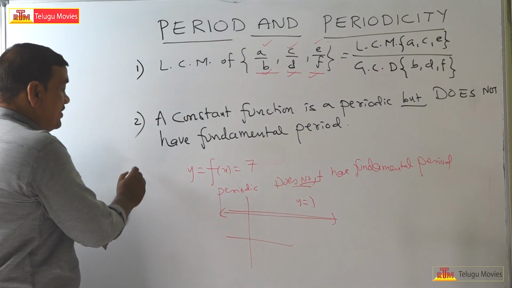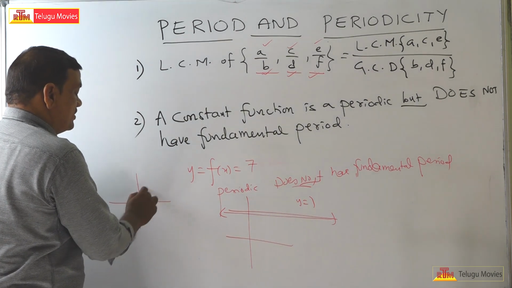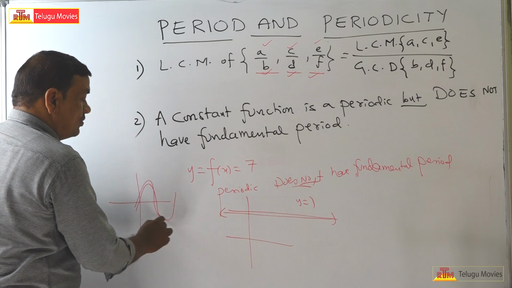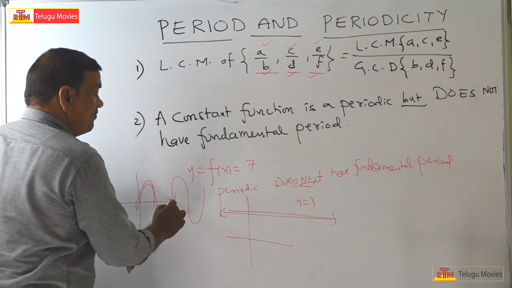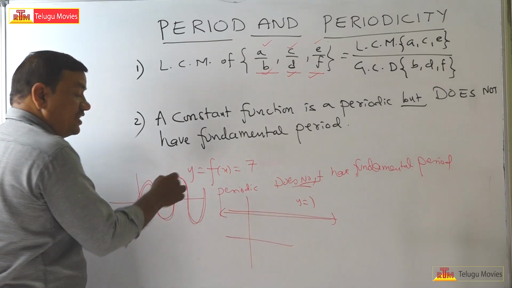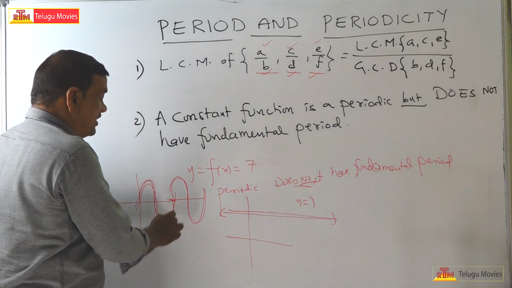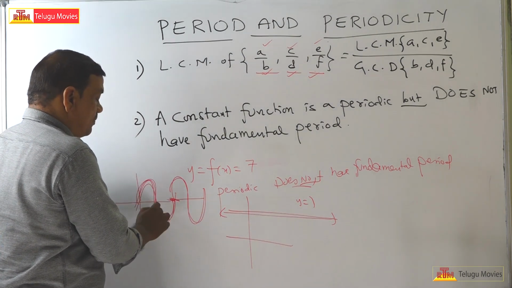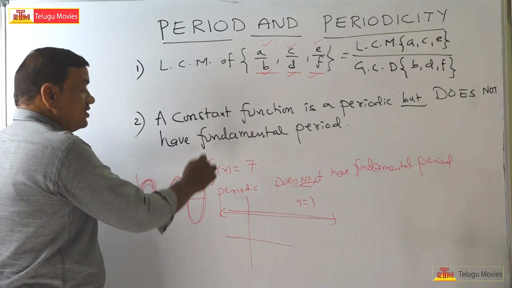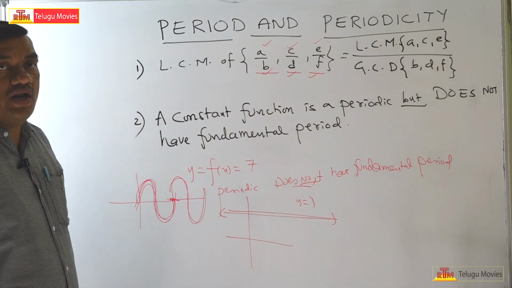If it is a sine function, you can say that every 2 pi interval it is repeating. Clearly the function is regaining its same shape. So this is a 2 pi interval.